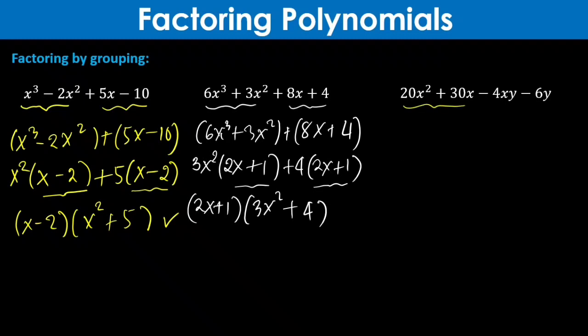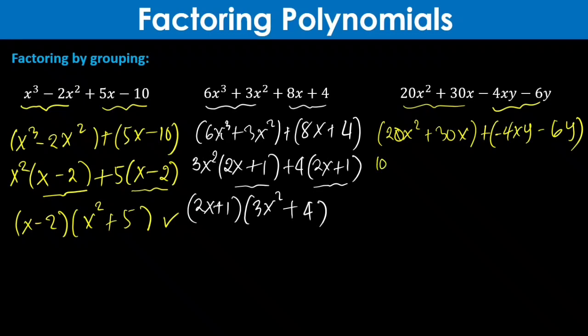Let's group this again and these ones. So we'll write it first. We have 20x squared plus 30x plus, that's negative 4xy minus 6y. Okay, we can factor out the common here, which is 10. And the smallest exponent is x to the 1. The remaining factor here will be 2x, and here plus 3.